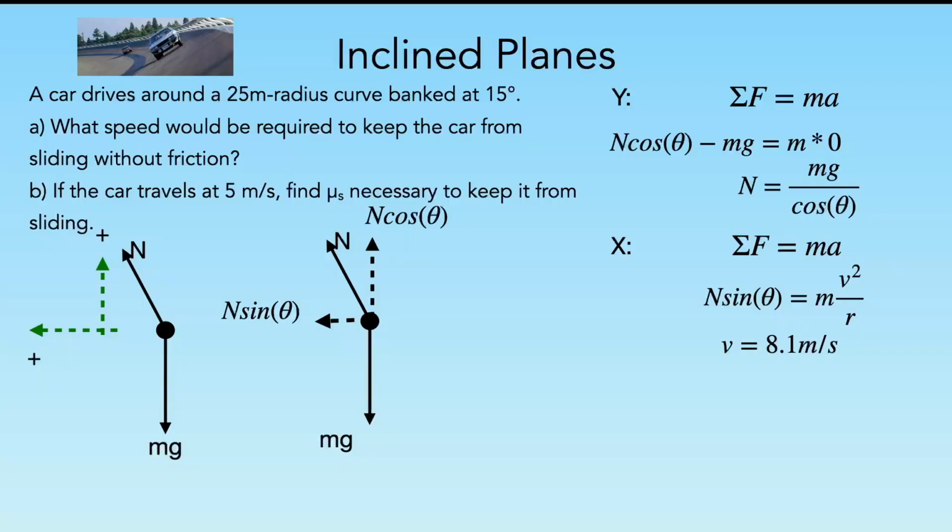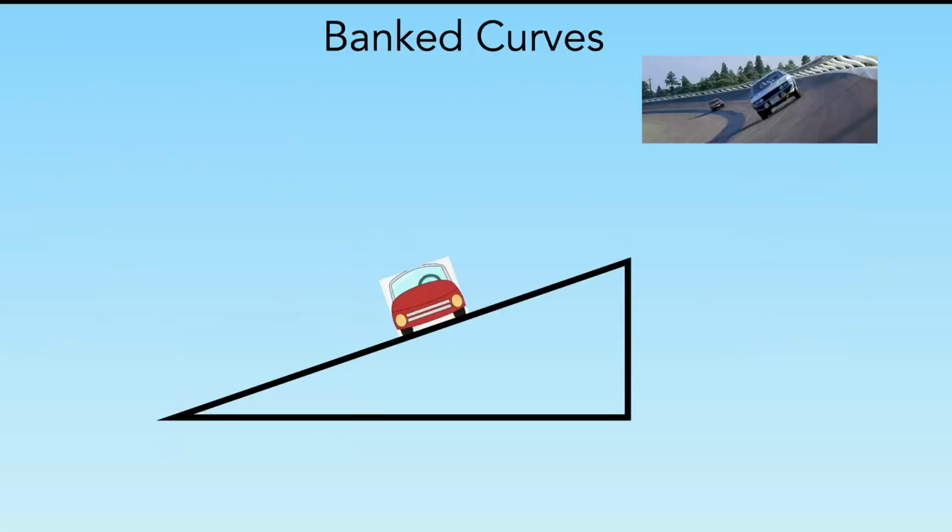The m's cancel. Tangent of theta equals v squared over r, so v squared equals tangent theta times r. When we take the square root, we end up getting 8.1 meters per second for our critical speed. So that's how fast a car can go on that curve without friction. Now, let's talk about what happens when we have friction. We first have to establish the no friction velocity.